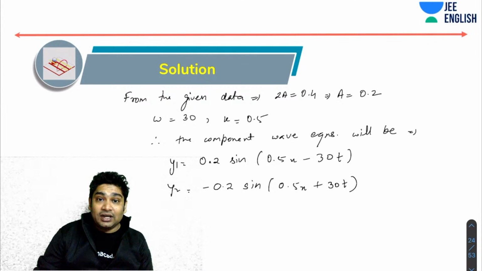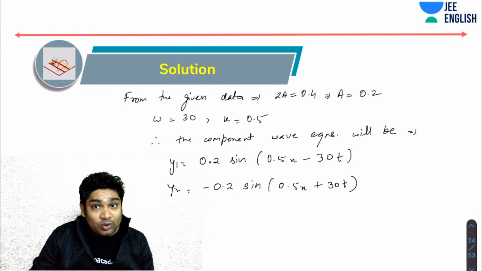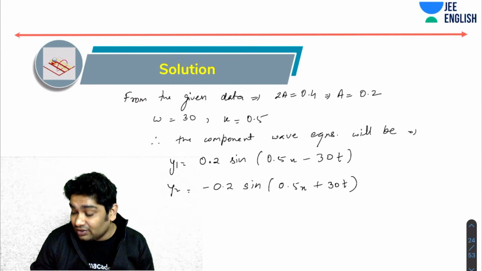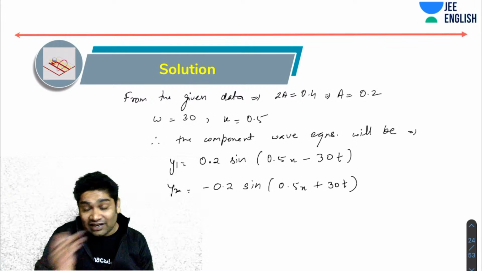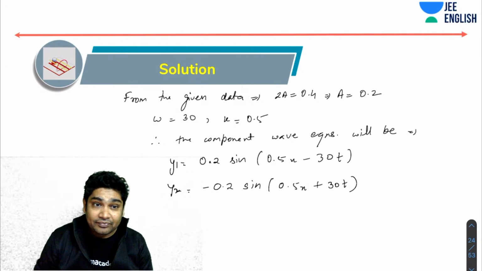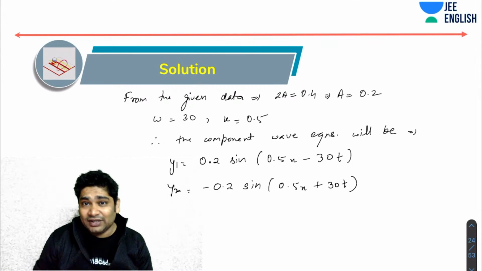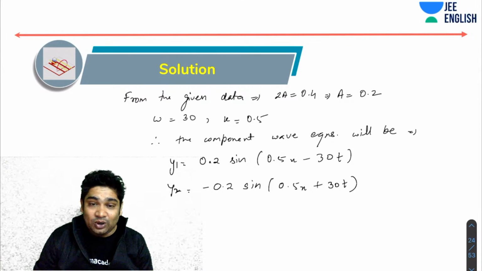So that is going to be your answer, guys. These are going to be your component waves. You would have superimposed these to get that standing wave equation. Okay, I hope everybody followed this. Just pay attention to the forms that we are getting.